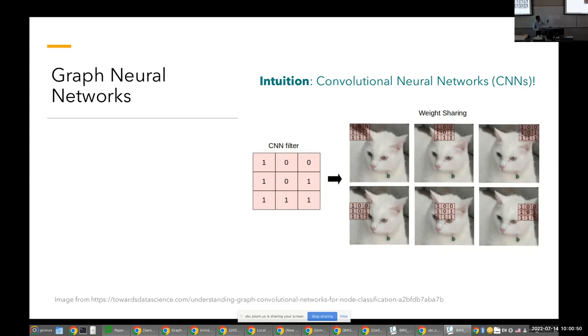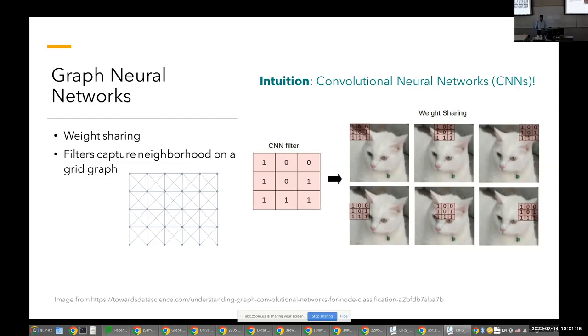At each section of the image, we aggregate some pixels according to the pixels exposed by the filter. One interesting property here is weight sharing: the weights that you use to aggregate in different parts of the image are fixed, according to the filter.